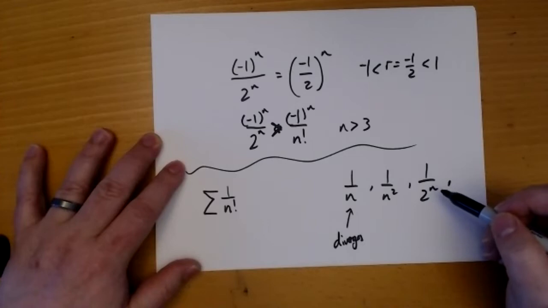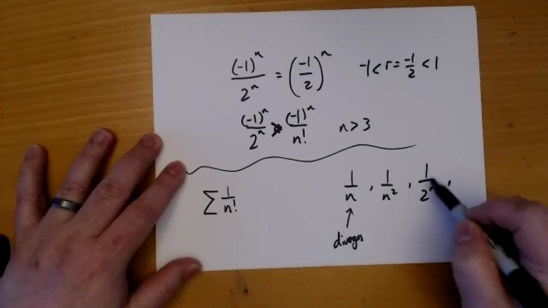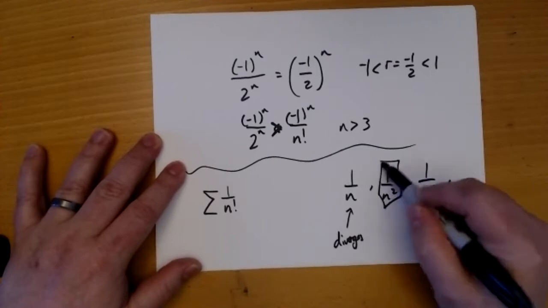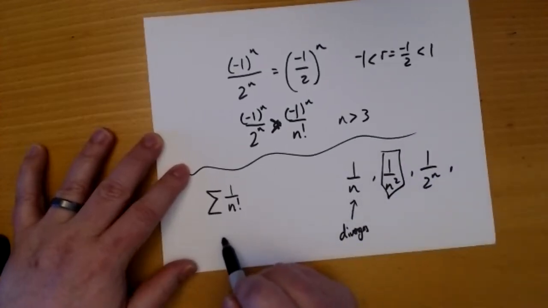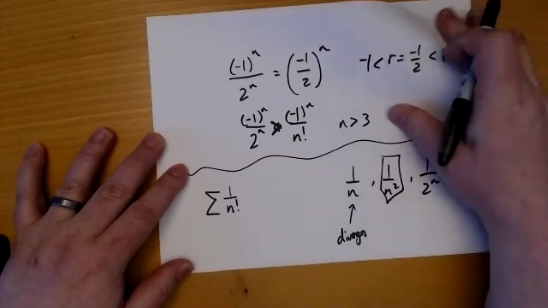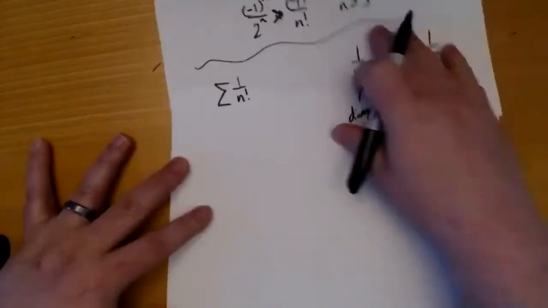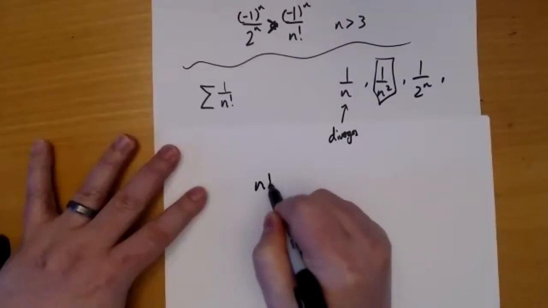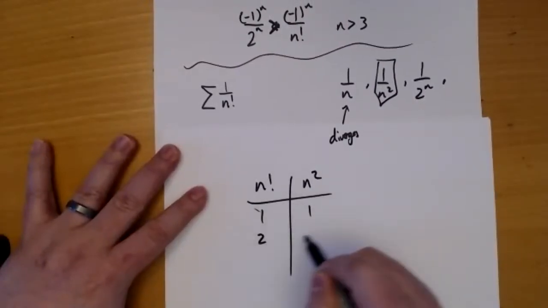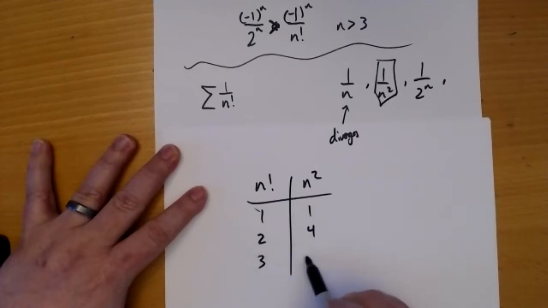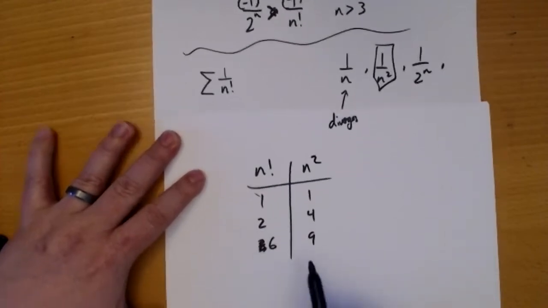And all you really have to say is, let's say we use this guy, after we get past 2, now we're at 4, right? 3 factorial is 6, and 9.